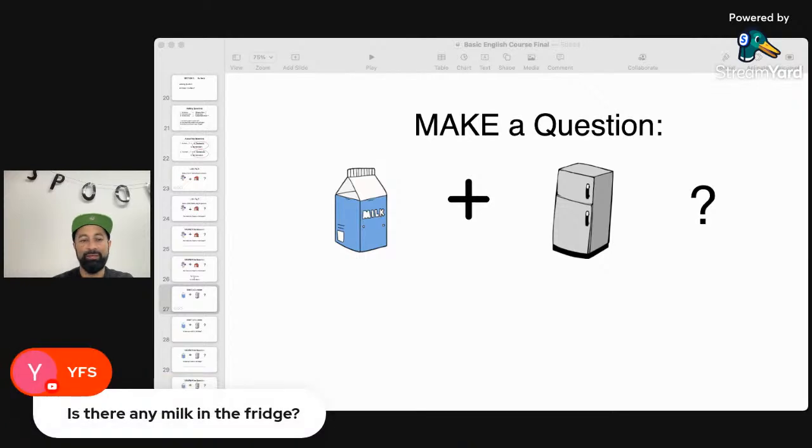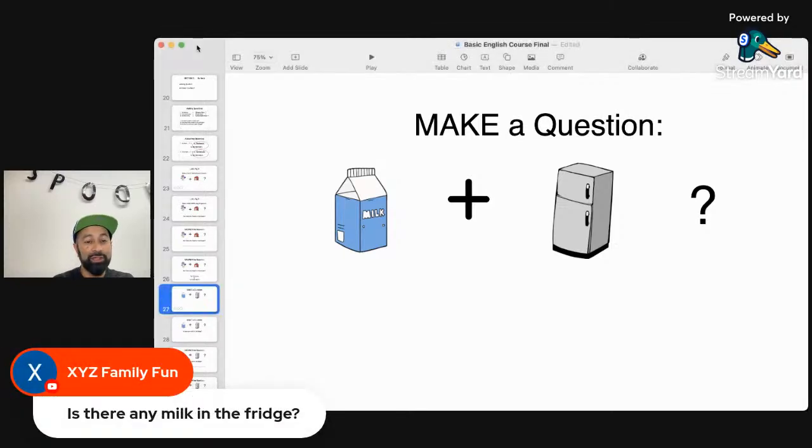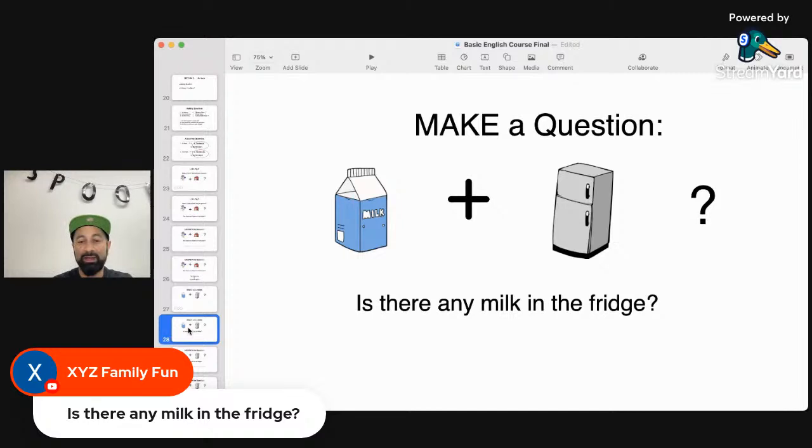And we've got YFS with the question: is there any milk in the fridge? XYZ, is there any milk in the fridge? Let's check your guys' answers. And you are correct. Is there any milk in the fridge? Perfect.